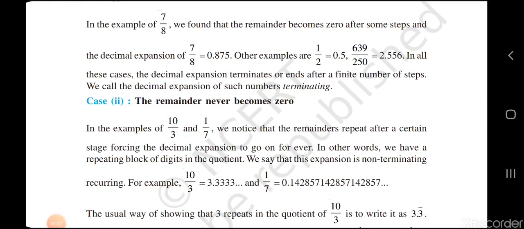Case 2, the remainder never becomes 0. In the examples 10 upon 3 and 1 upon 7, we notice that the remainder never becomes 0 after some steps. So the decimal expansion does not terminate or end after a finite number of steps, and we call the decimal expansion of such numbers non-terminating recurring or repeating.